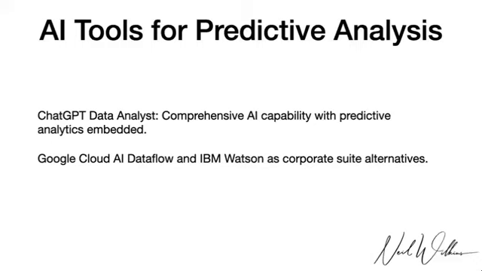So at a very, very simple level, and probably at an entry level, and one that I would certainly advocate, is ChatGPT's Data Analyst. And this is in your GPTs in the GPT store on ChatGPT. Now, the Data Analyst GPT has a real capability to give you comprehensive AI analysis of your data and of your reports.